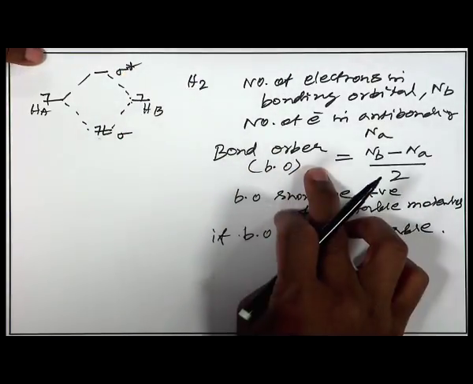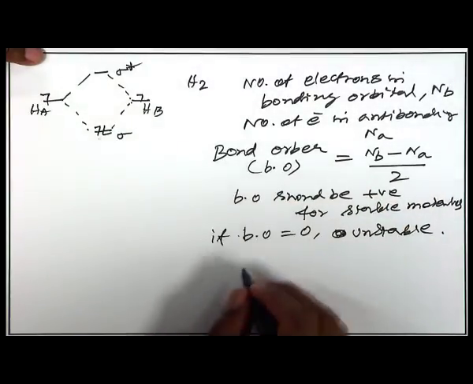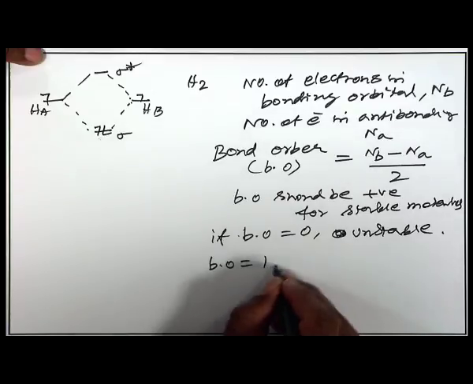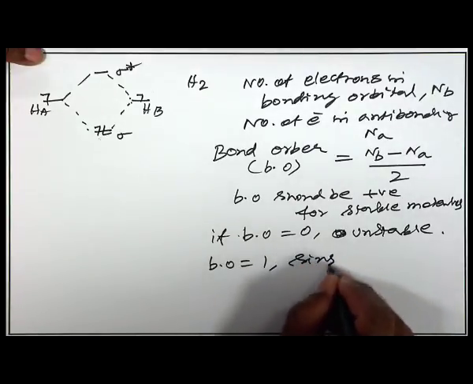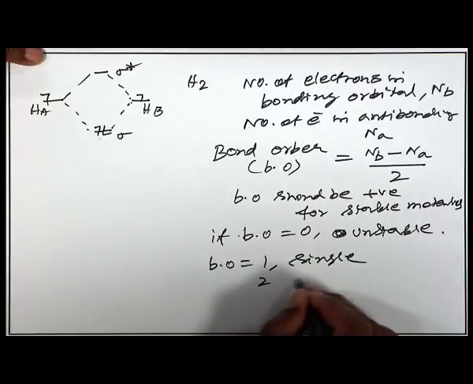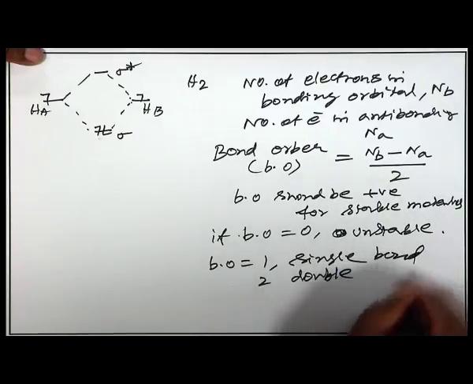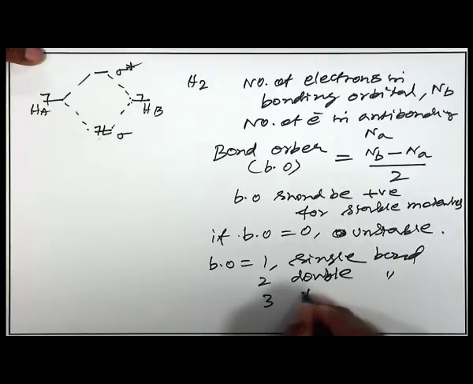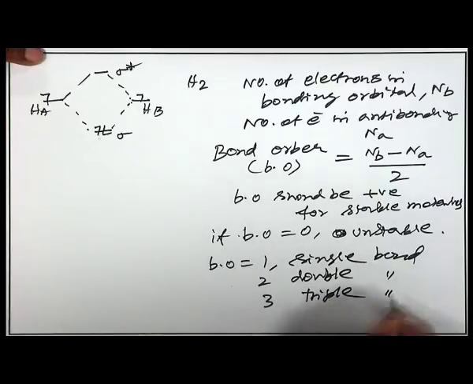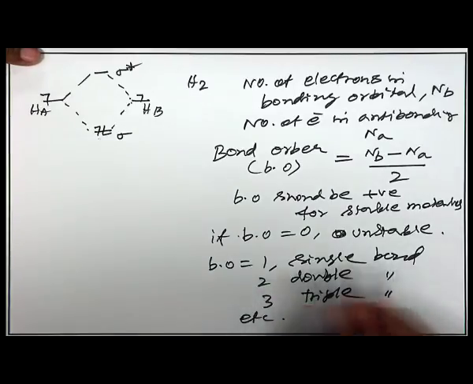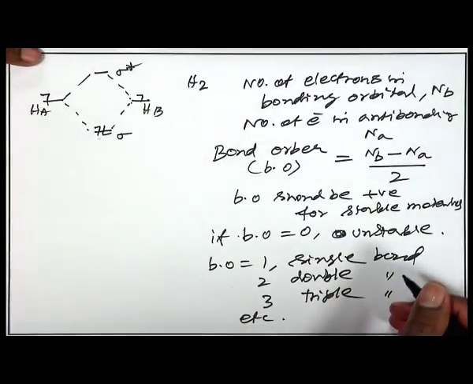The bond order can be equal to 1, that means it is a single bond. If it is 2, it is a double bond. If it is 3, it is a triple bond, and so on. So, the higher the bond order, the higher the stability of that molecule.